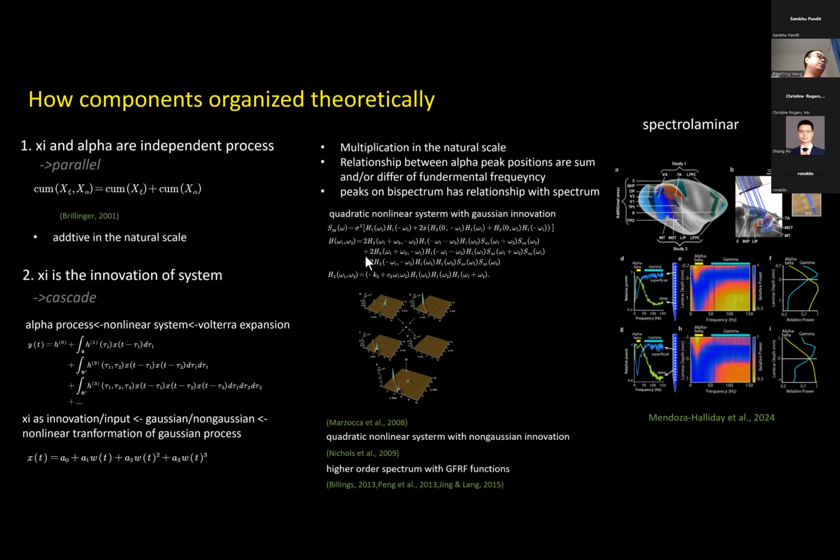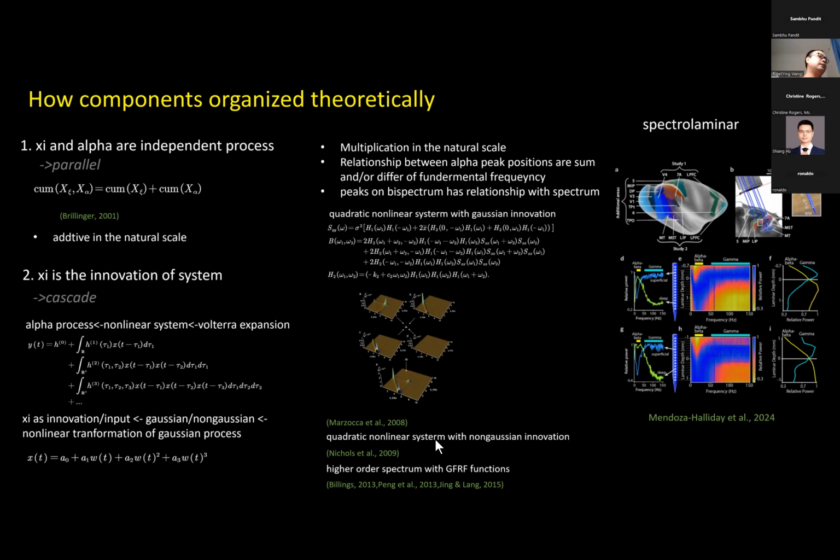Here is an example of the quadratic nonlinear system with Gaussian innovation. You can see all the output spectra are a function of the first-order transfer function, and the bispectrum is also additive according to this formula.